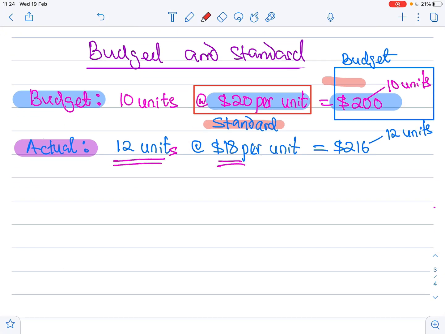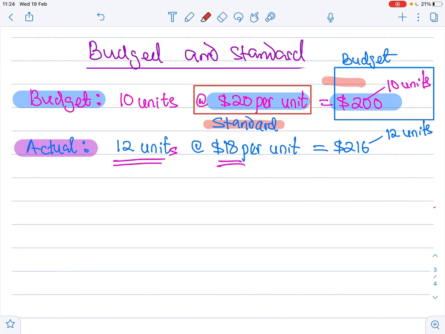So what happens if we are to calculate the material price variance? The material price variance is just going to be this. Ask yourself, what's the difference between the standard, which is $20, and the actual price paid per unit, which is $18?